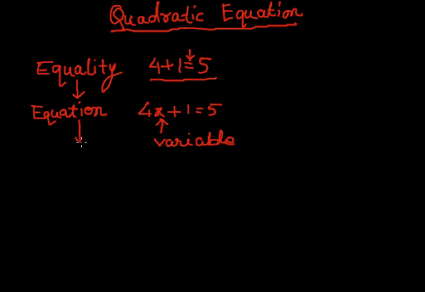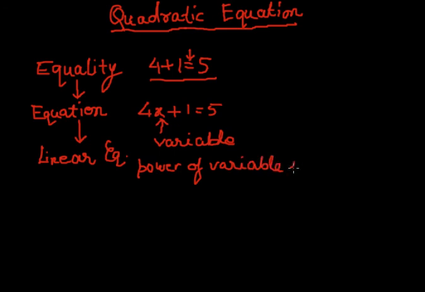Now after the word equation, we'll come onto the types of equation. First type is linear equation. Now if in an equation the highest power of variable is 1.